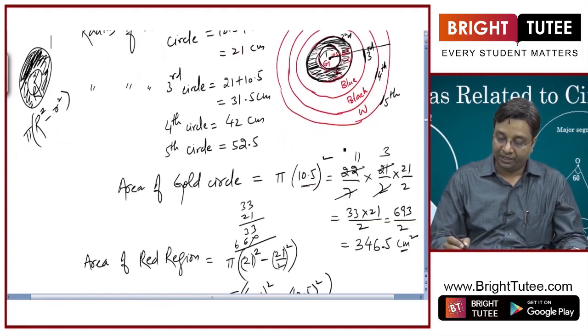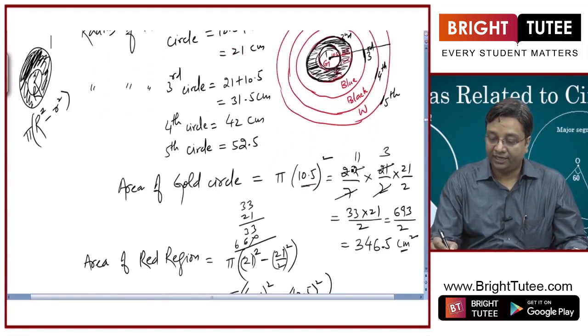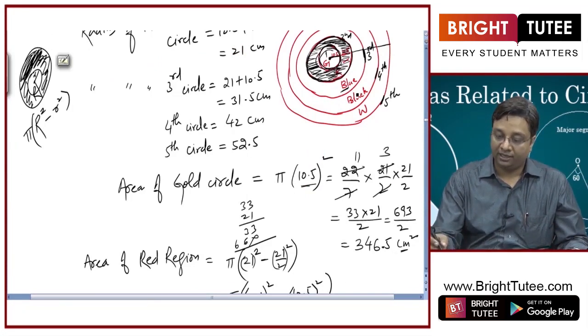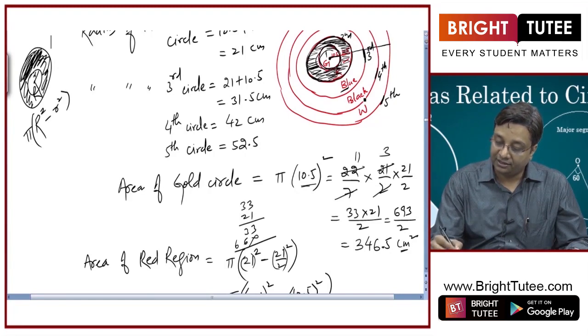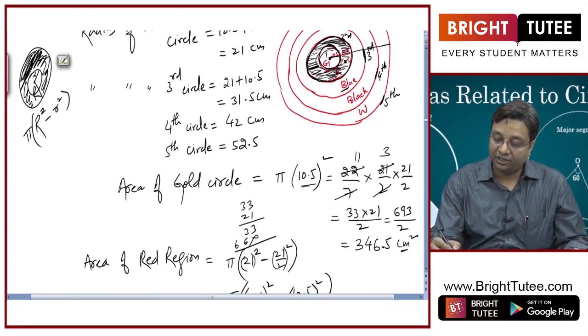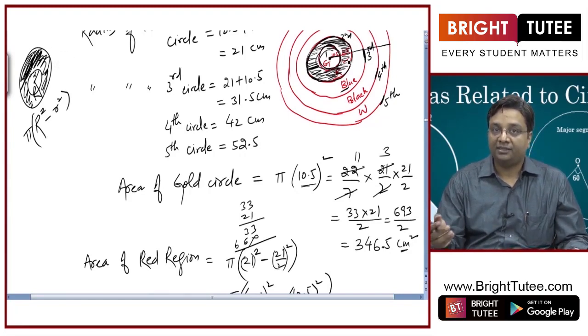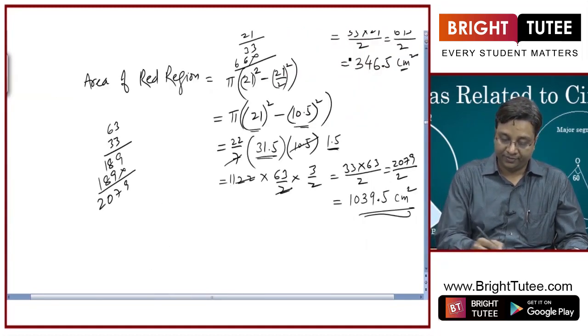Now if you have to calculate the area of the blue scoring region, how will you do that? We will subtract the area of the third circle minus the area of the second circle.